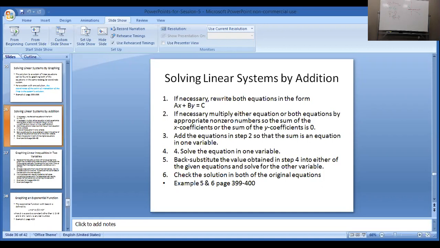let's see, actually, in other words, we want to eliminate one of the variables. So you multiply this first one by minus 3, it becomes minus 9x minus 6y equals minus 144.